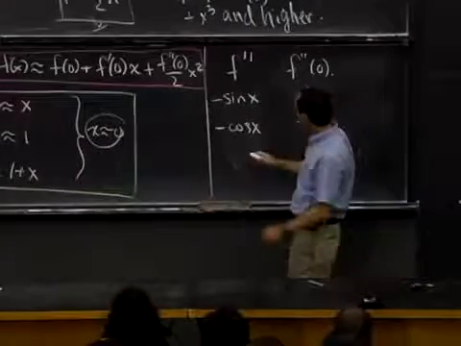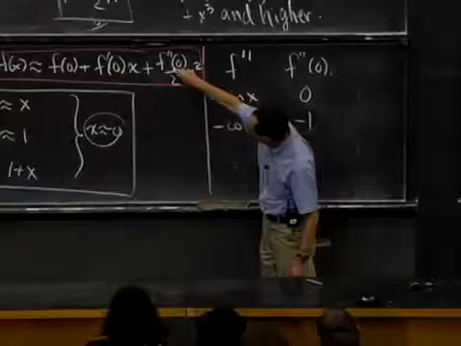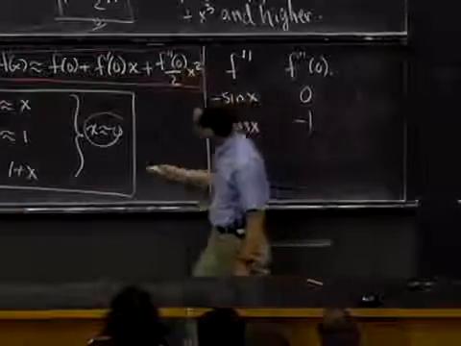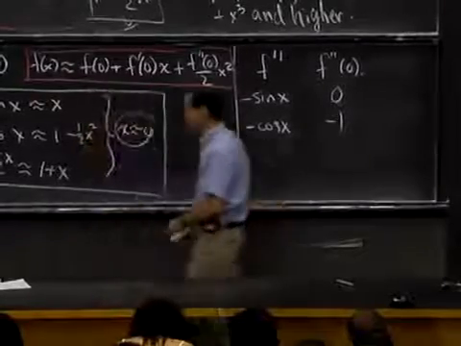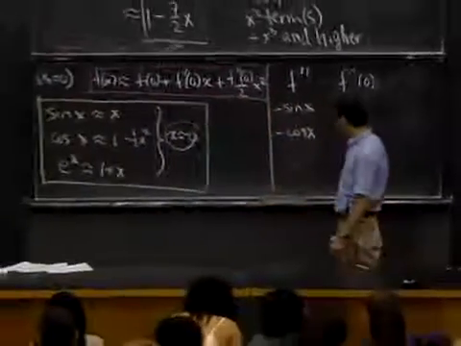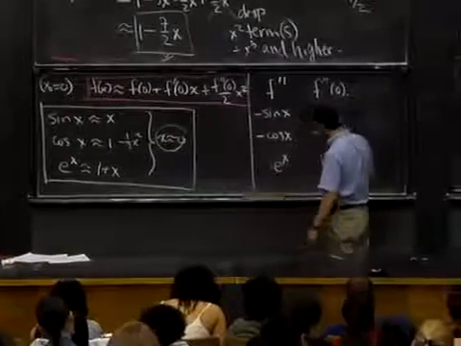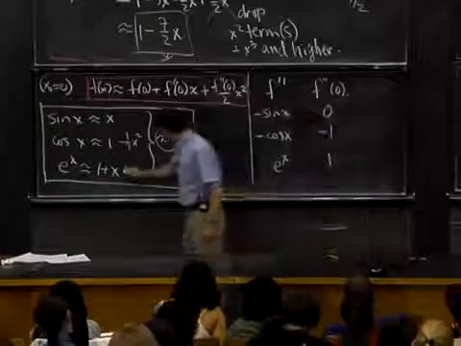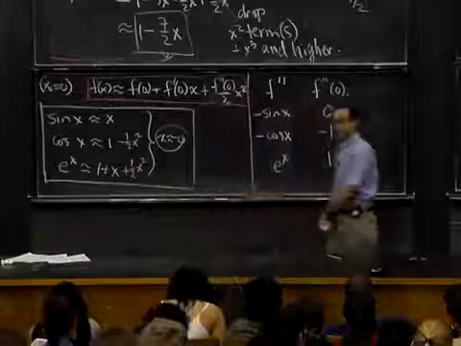And so the term that I have to plug in here, this -1, is the coefficient that appears right here. So I need a minus a half x squared extra. All right? And if you do it for e to the x, you get e to the x, and you get a 1. And so you get a plus a half x squared here. All right?